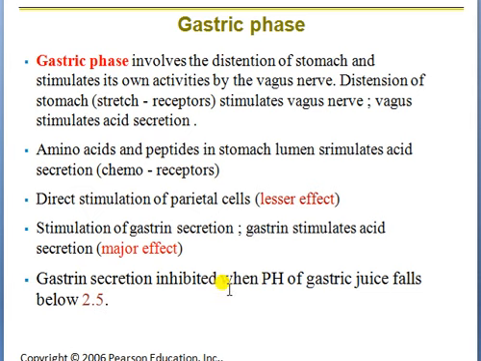So gastric secretion is inhibited when the pH of gastric juice falls below 2.5. How does it fall? Because of sympathetic activity, the sympathetic system is activated. So when the pH reaches 2.5, the sympathetic system is activated and inhibits the gastric secretion.